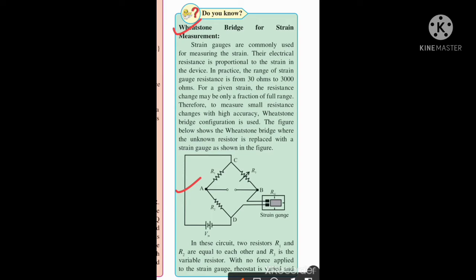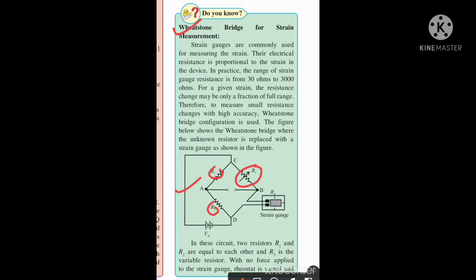This figure shows two resistors R1 and R2 which have equal values, and a third resistor R3 which has a variable value. In this third resistor we connect a resistance box which gives a variable value of resistance. With no force applied to the strain gauge, the rheostat is varied.